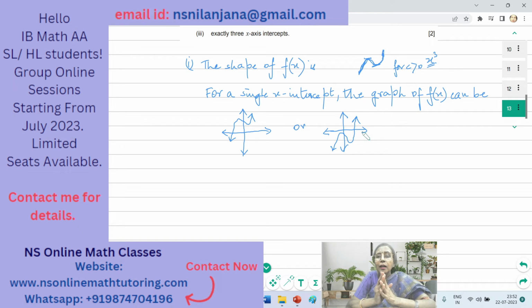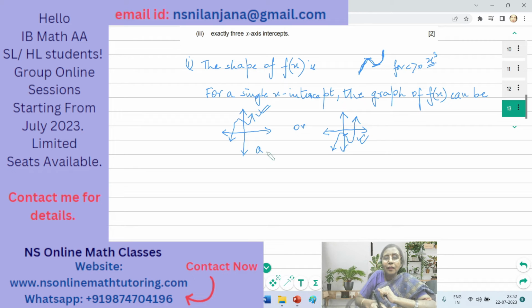But for the f of x expression that we have been given, the y-intercept is 2. If we take this shape, we will not be having the y-intercept as 2. It will be a negative y value as the y-intercept. So we have to take this.